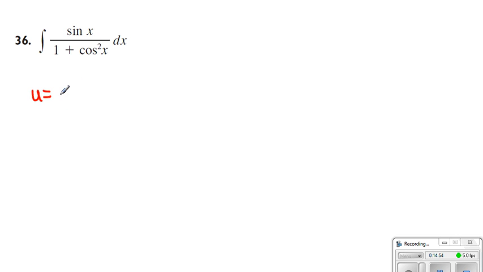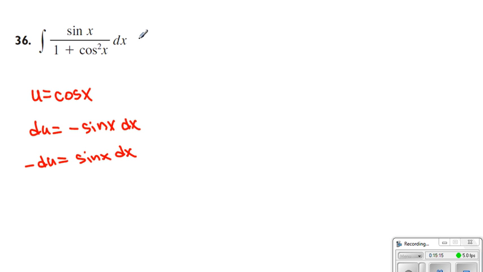What if we set u as cosine of x? Then du becomes negative sine of x dx. Now, putting the negative sign to the other side, negative du is equal to sine of x dx. Now, if you rewrite this one, negative sine x dx becomes du, and 1 over the denominator becomes 1 plus u squared.